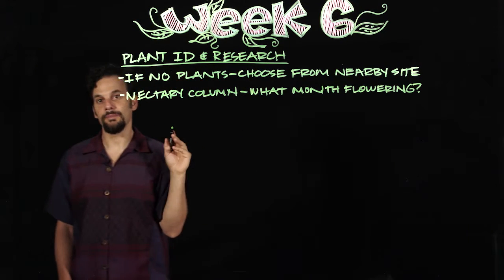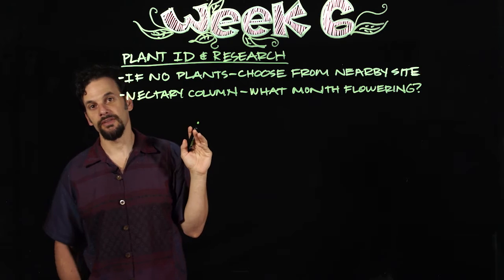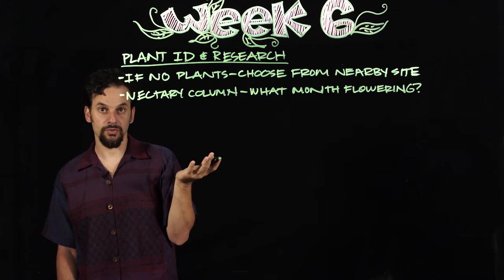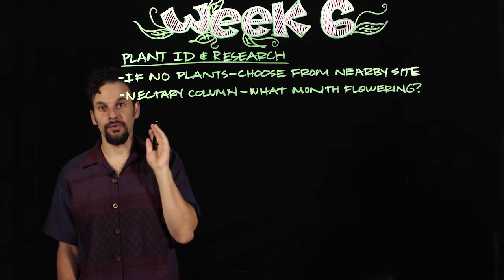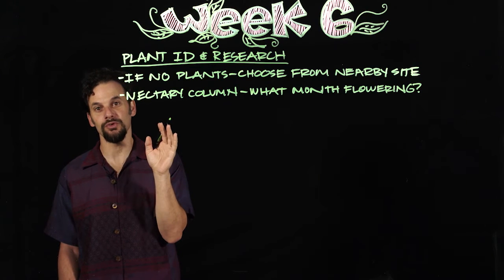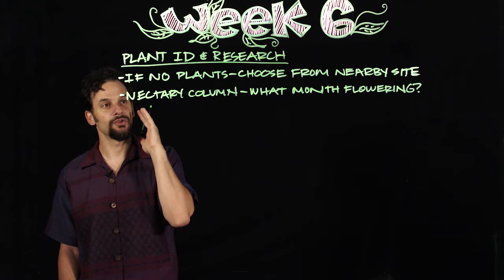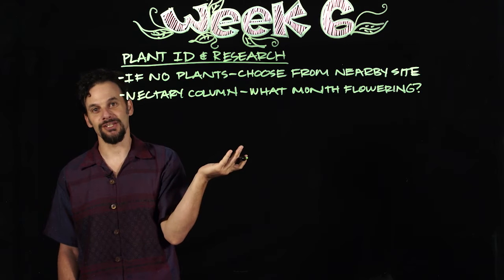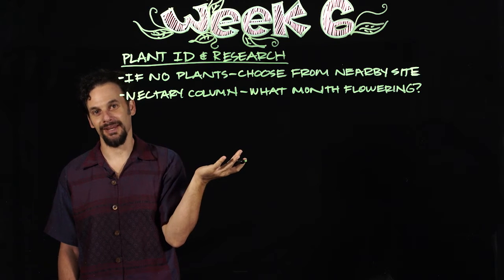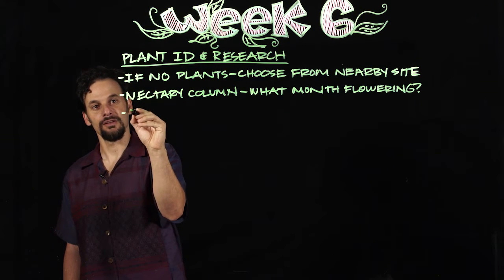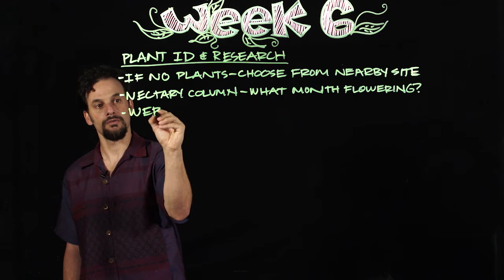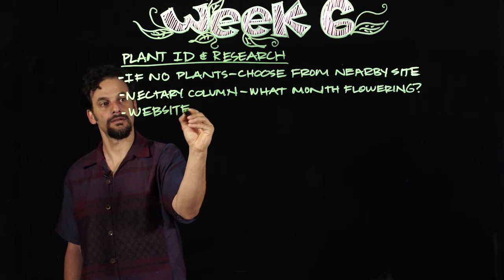There's a couple good websites that we link to in the links on the modules page. And I want you to put your attention toward those because those could make your assignment much easier to do if you just look the plant up on those websites. So look for these websites in the links.